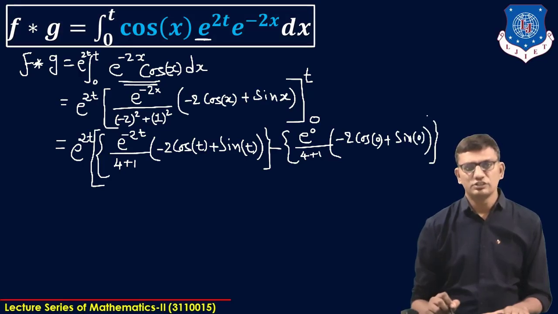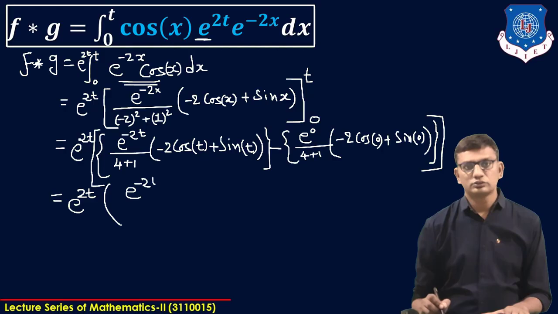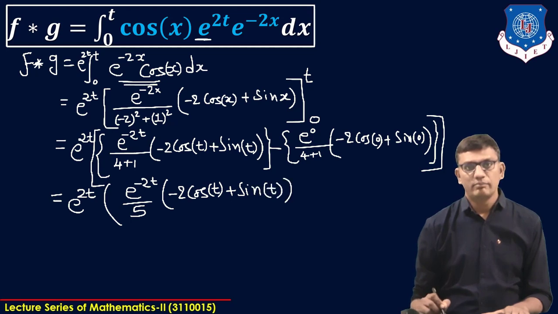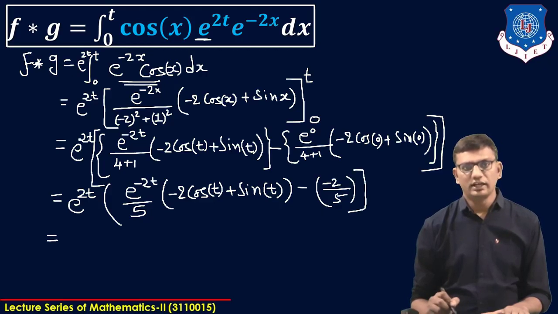As we know that sin 0 is 0, so finally after simplifying this term we get e raised to 2t into e raised to minus 2t by 5 into minus 2 cos t plus sin t, minus minus 2 upon 5, and now the e raised to 2t cancels.